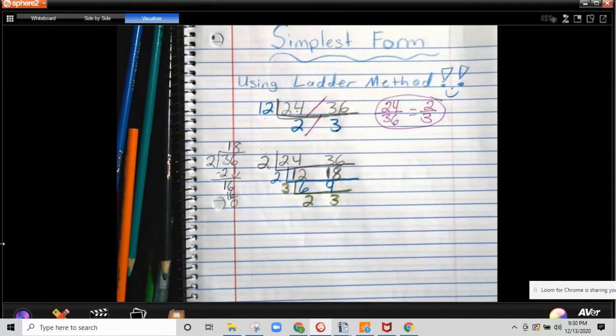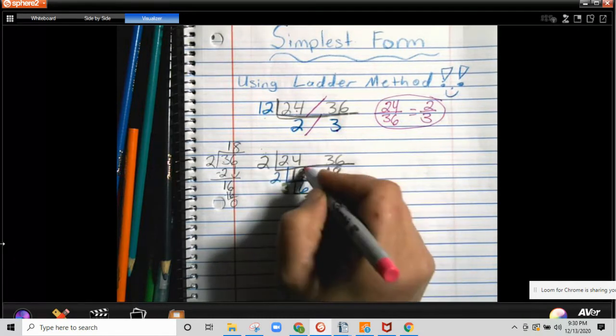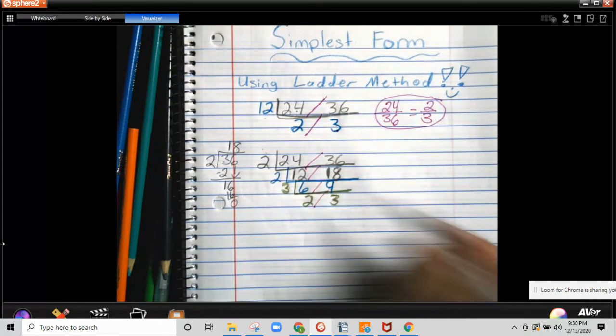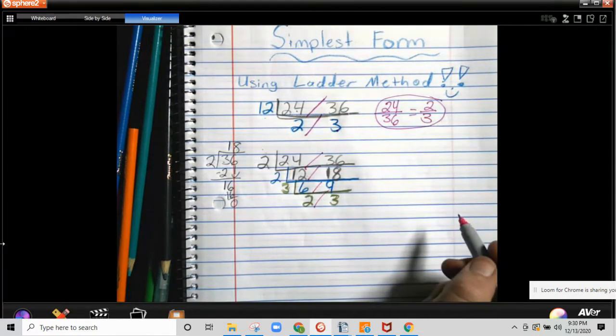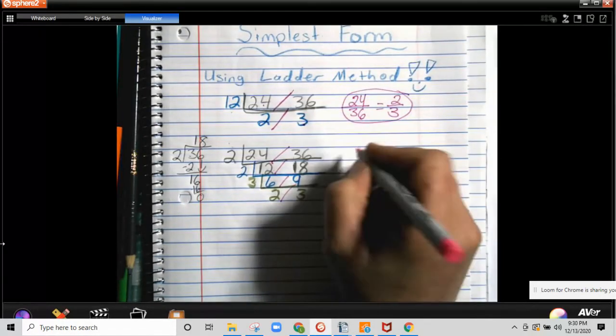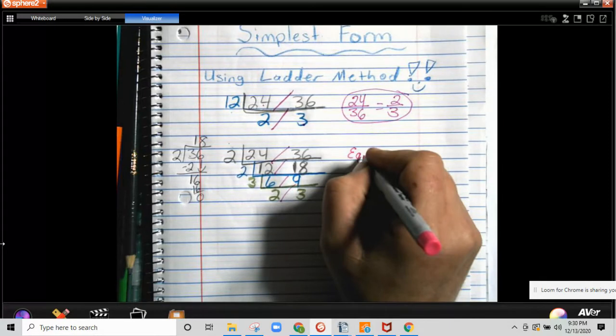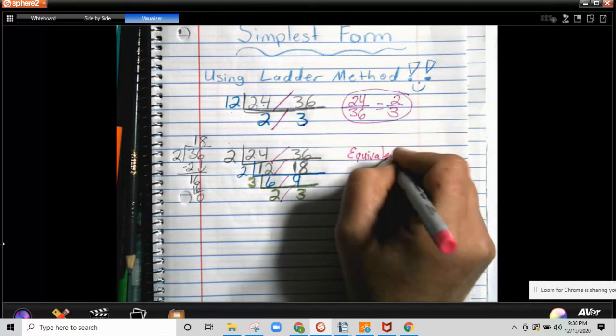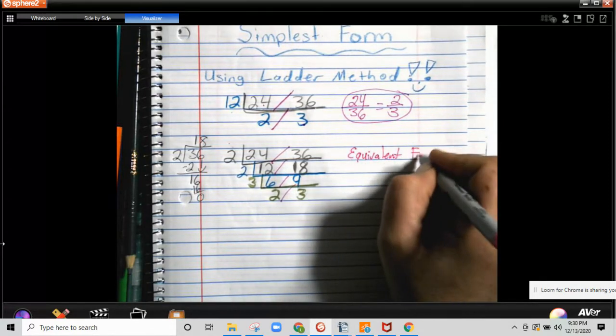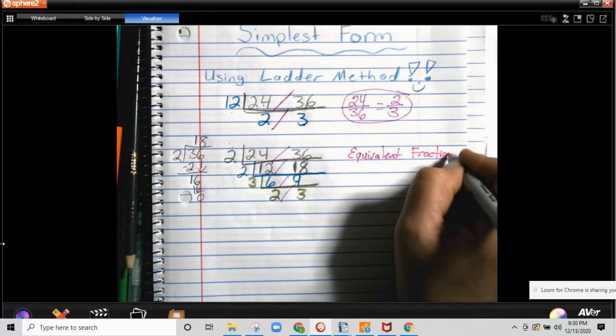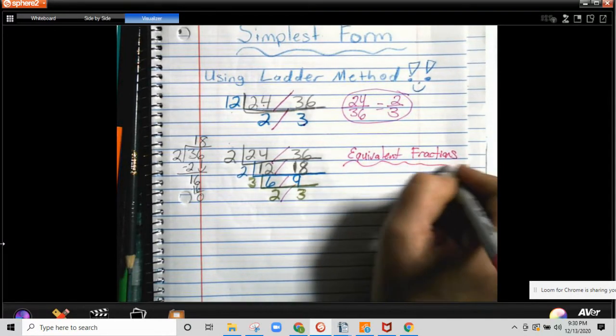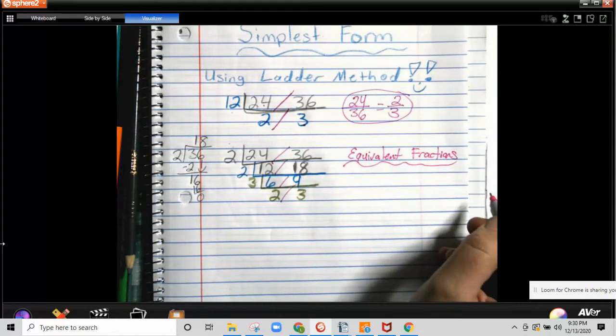All right, check this out. All of those are equivalent fractions. And equivalent fractions means that they're equal.